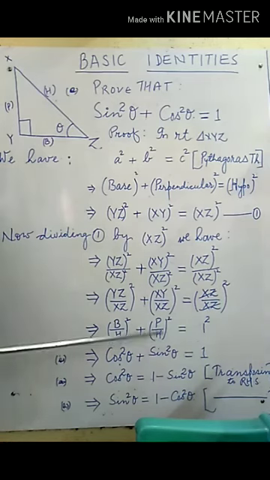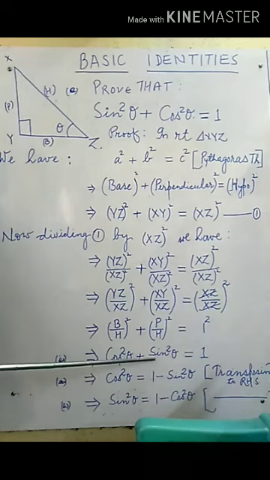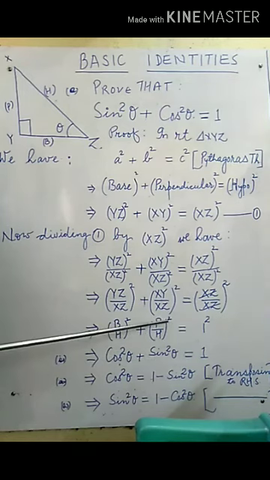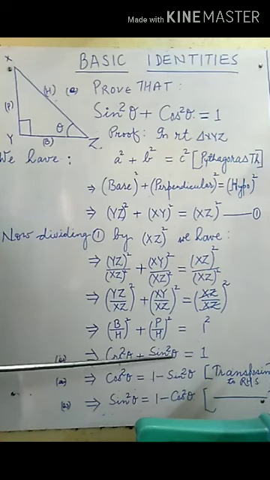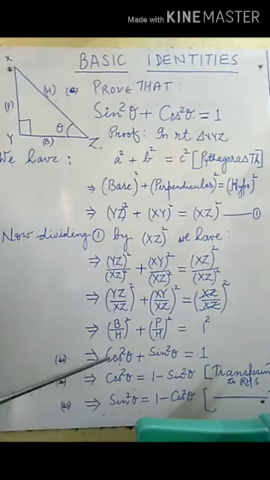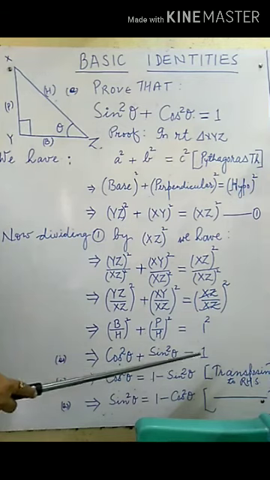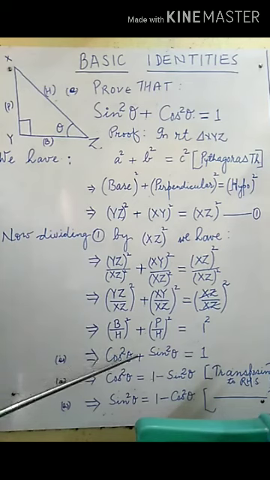So in the place of this one, we write sine of theta whole square, and that will ultimately become sine square theta, and that is equal to 1. Here we have proved our result: cos square theta plus sine square theta equals 1. Either note it down like this, or it may be written in another form.